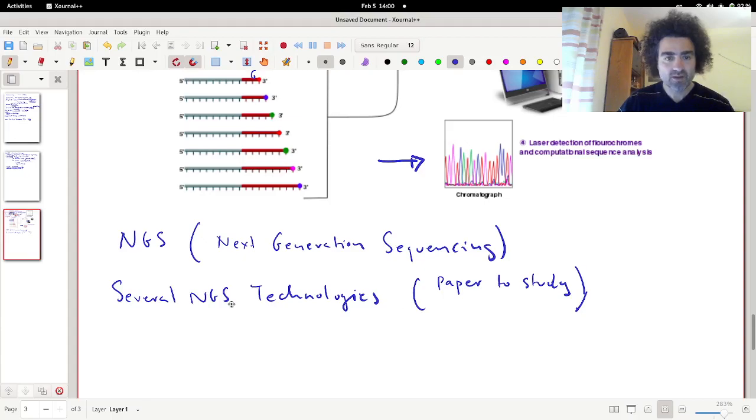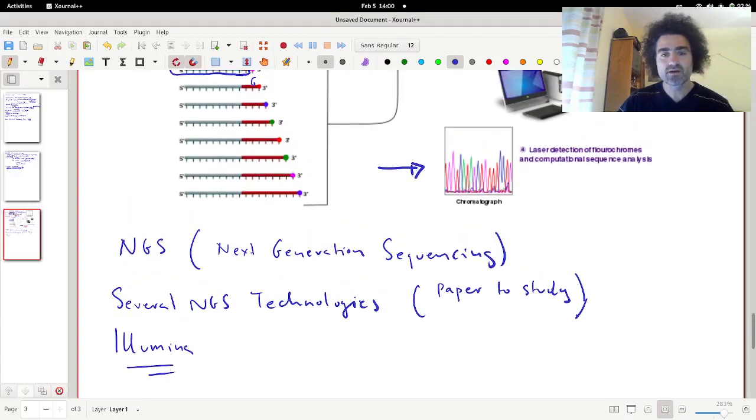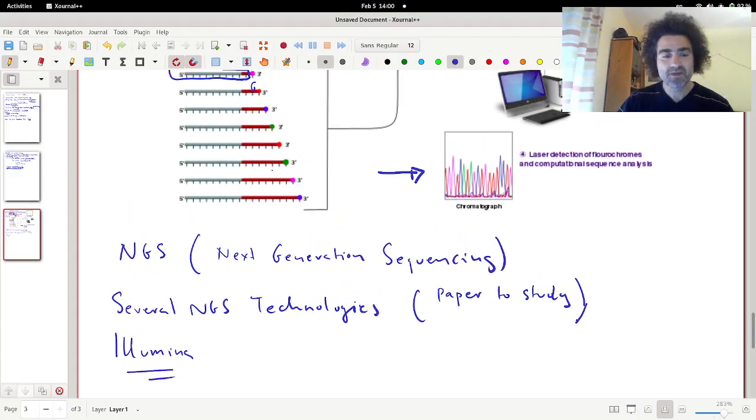But what we will use really in this class will be Illumina data. And Illumina uses a very similar idea to that, but has enormously managed to speed it up by doing several sequencing processes in parallel.